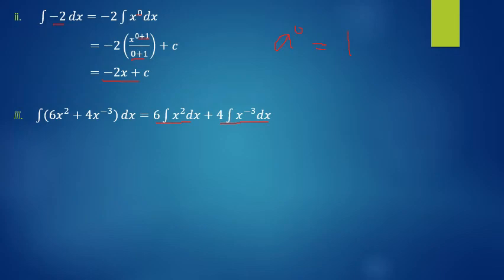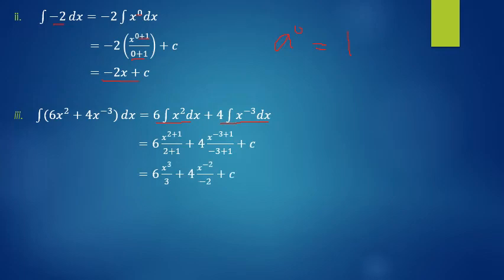So we have 6 integral of x squared dx plus 4 integral of x to the negative 3 dx. So we will get the integral of x squared, again, that's x to the power 2 plus 1 all over 2 plus 1. And the integral of x to the negative 3 is x to the power negative 3 plus 1 all over negative 3 plus 1.